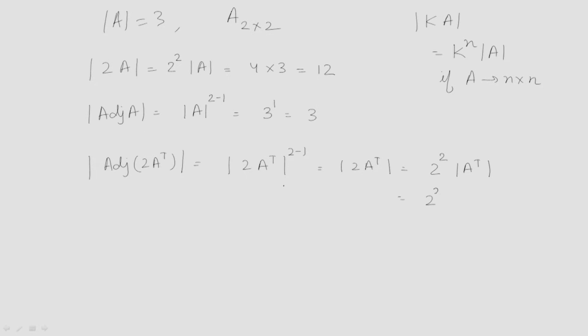Determinant of A transpose and A are the same. So, it is determinant of A, which is equal to 4 into 3, which is 12. In this way we can simply solve this problem.